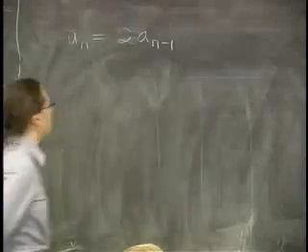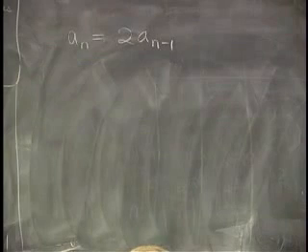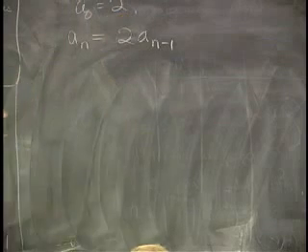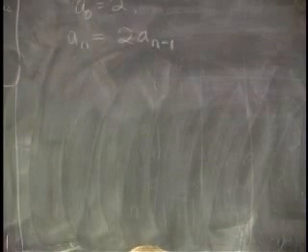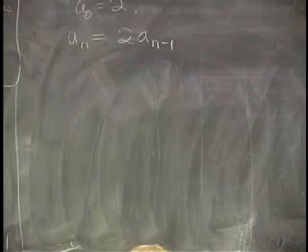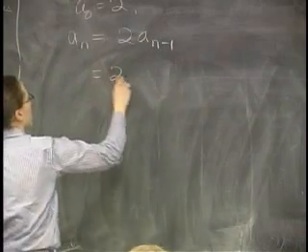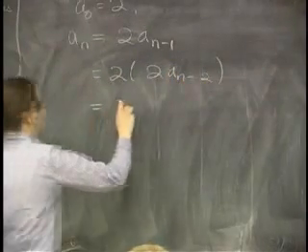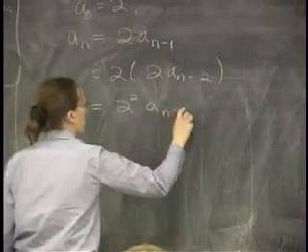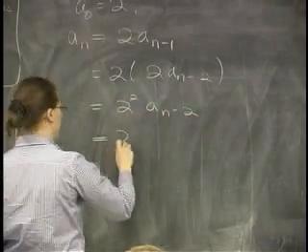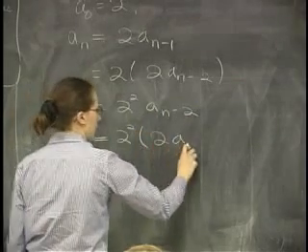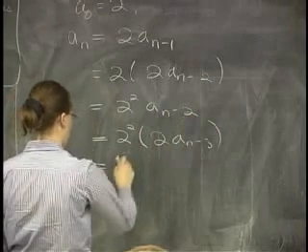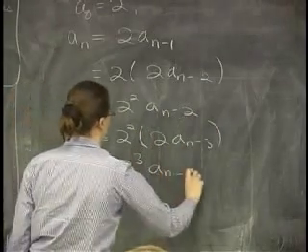Okay. So suppose we just have this recurrence relation, and suppose we have the initial condition a_0 equals 2. Then we can just solve this by substitution. We just repeat, and we get this is equal to 2 times 2a_{n-2}, equals 2 squared a_{n-2}, equals 2 squared times 2a_{n-3}, equals 2 cubed a_{n-3}.